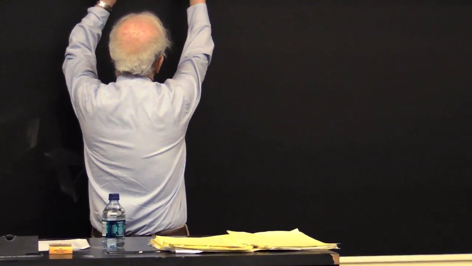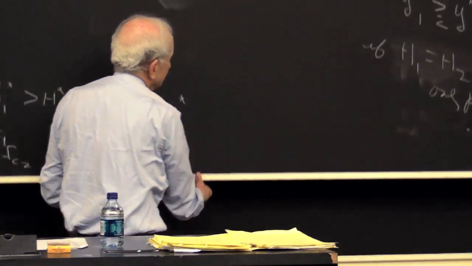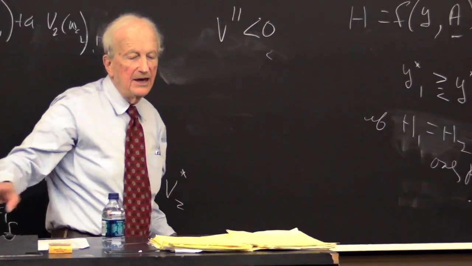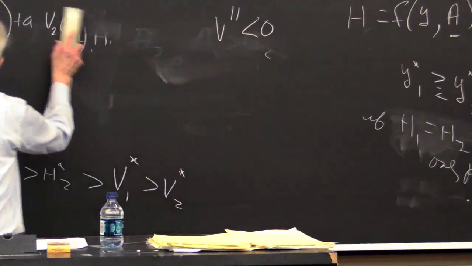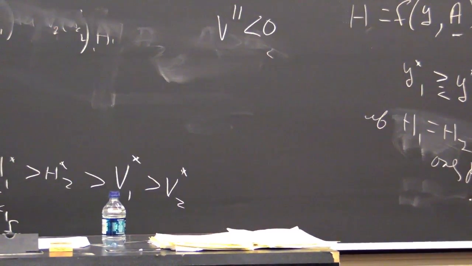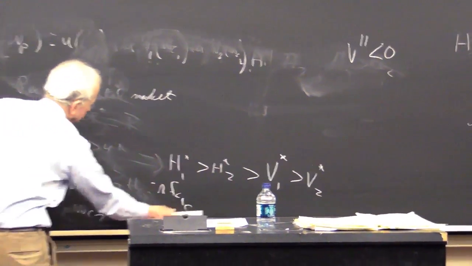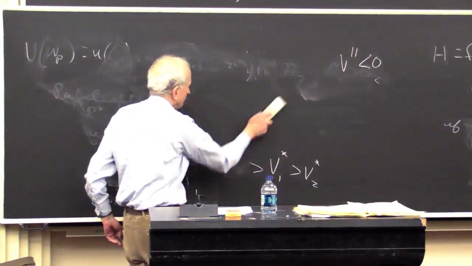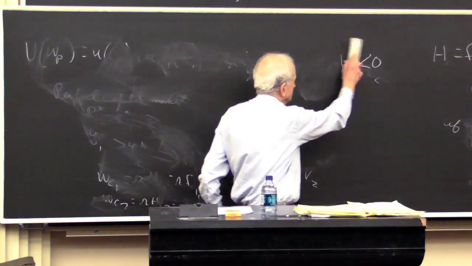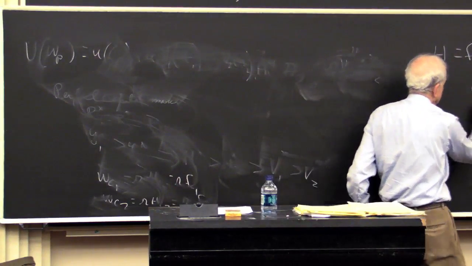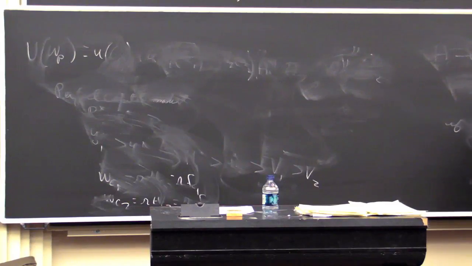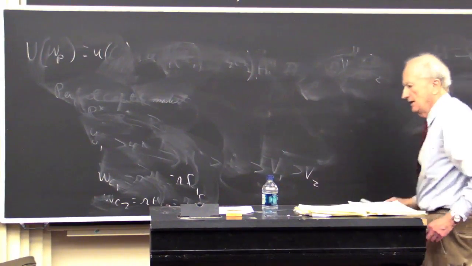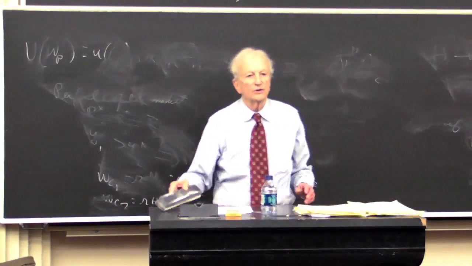Those abilities could either be A1 or A2, so only two abilities, and parents have two children.